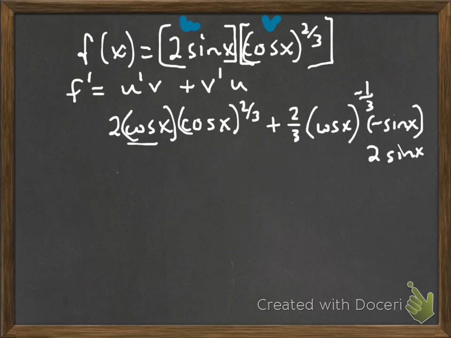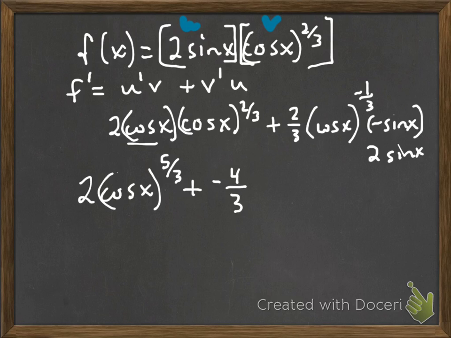This is 2 cosine x to the 5/3 plus negative 1 times 2 is negative 2 times 2/3 is negative 4/3. Cosine is to the negative 1/3, so put it down here. And then the sine x goes up here.